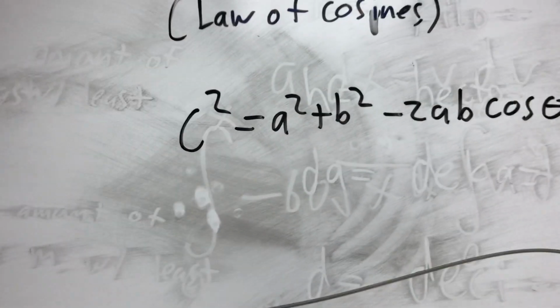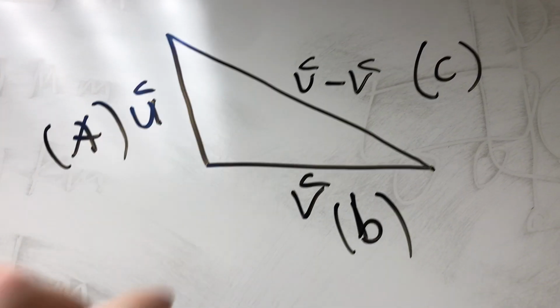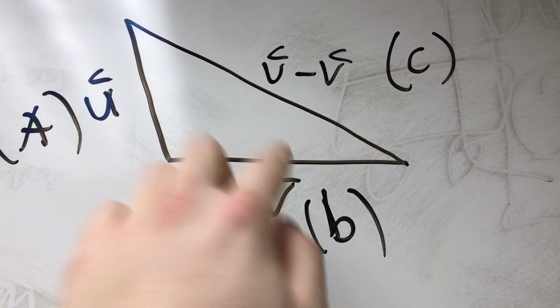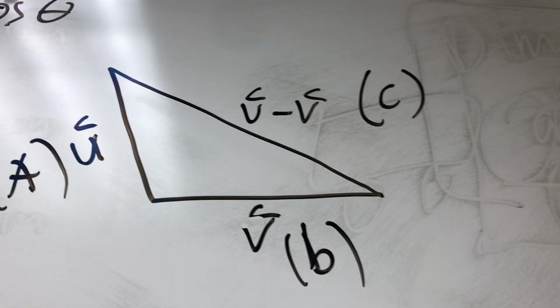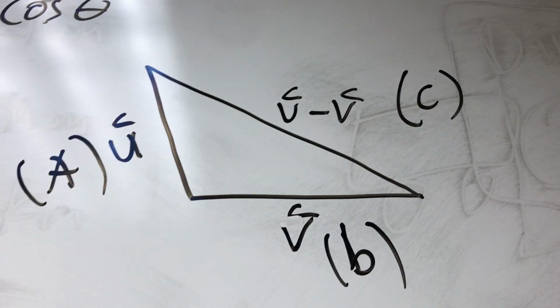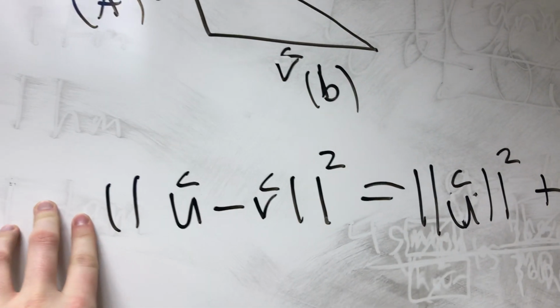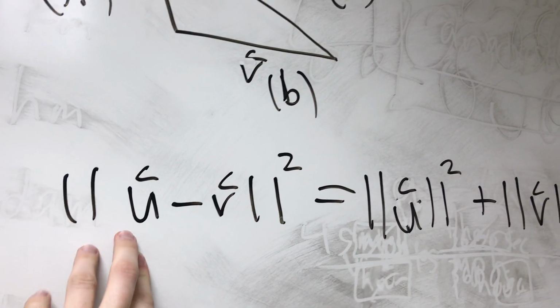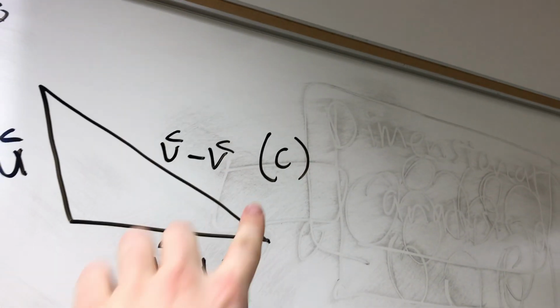So let's look at a triangle of our two vectors and see if anything like that makes sense. Here's our triangle. We have our u vector here, our v vector here, and that means the vector in between them is going to be u minus v. In other words, we have an a side, a b side, and a c side. So what if we plug this into our law of cosines equation, which would give us the vector u minus the vector v, and we're going to square it because it's like c being squared.